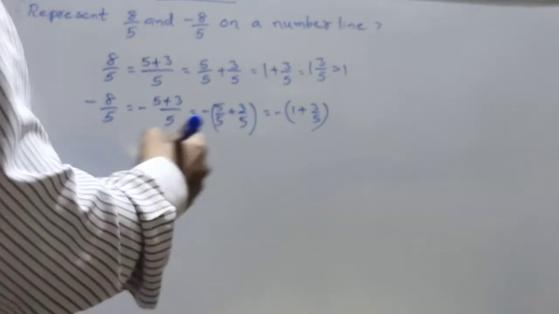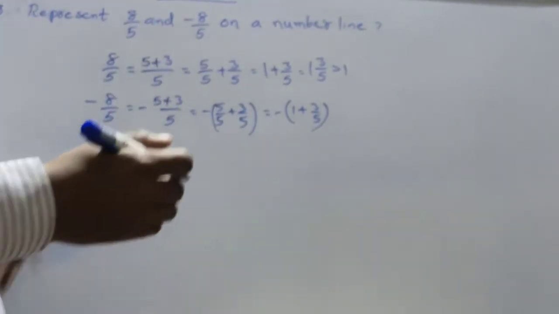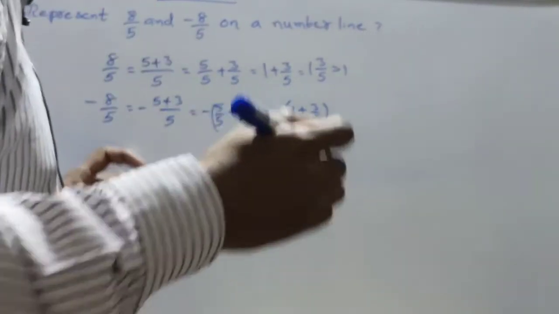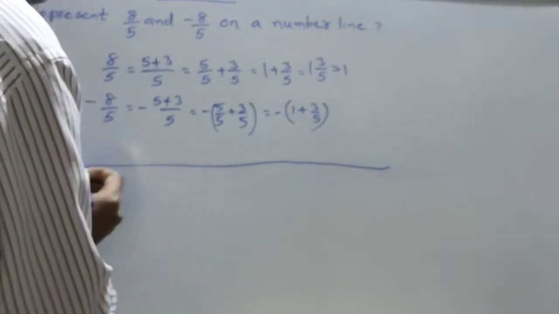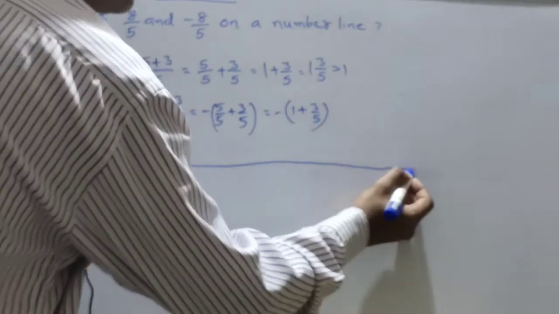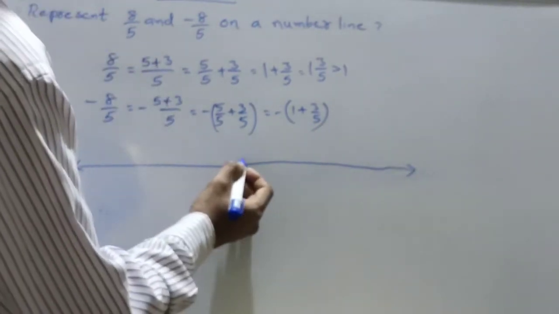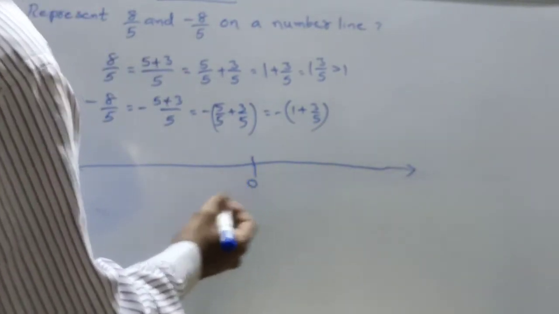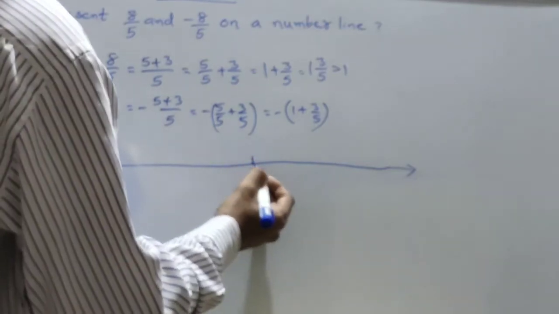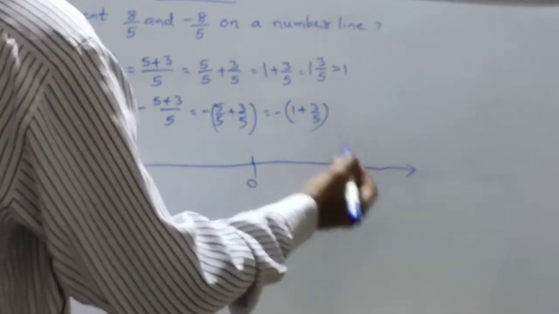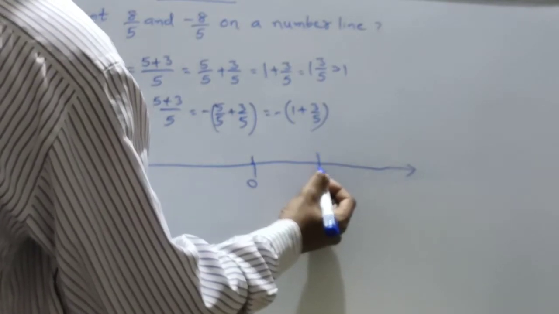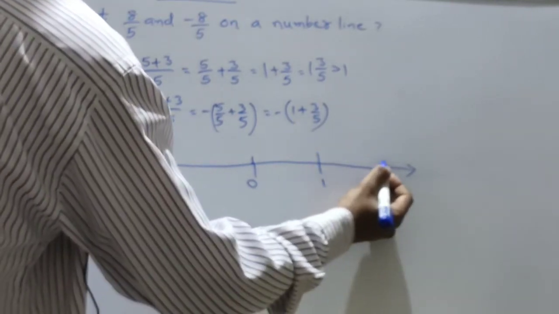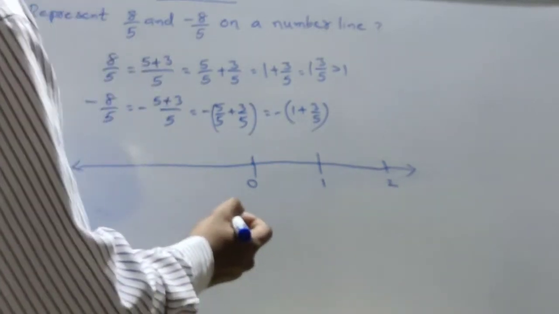To represent these two fractions, we need a number line. Draw a number line like this and keep 0. On the right side we have the positive numbers, so first of all write 1 and 2.